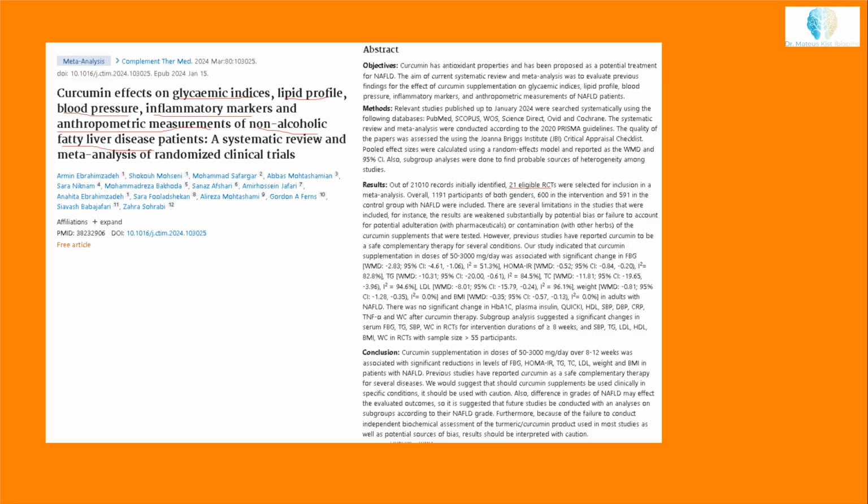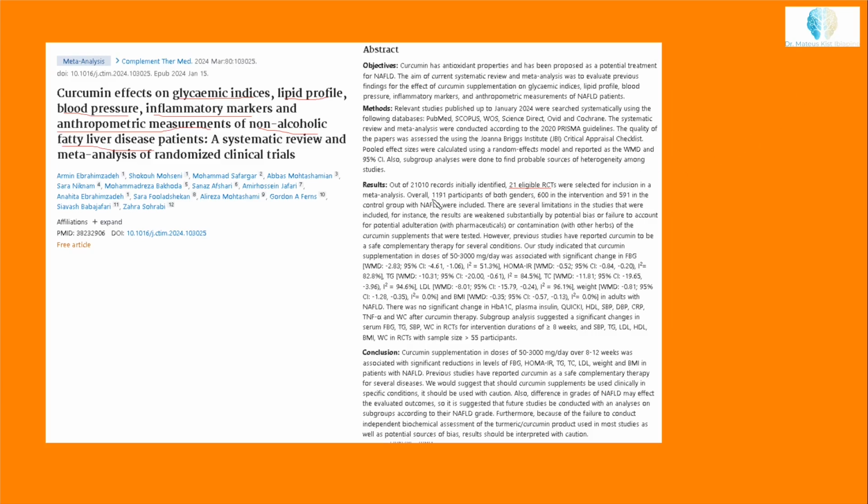So not necessarily all the studies inside the systematic review are also included in the meta-analysis. The meta-analysis needs to have studies that are sufficiently similar to be directly compared. But in this case, we had 21 studies that were selected and included for the meta-analysis.